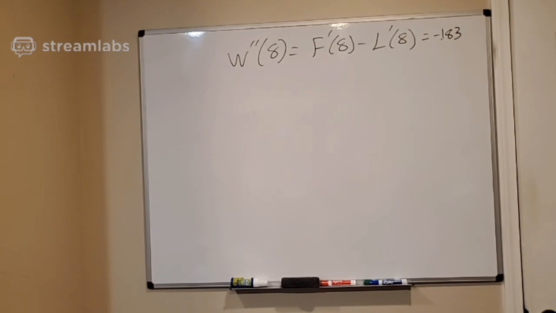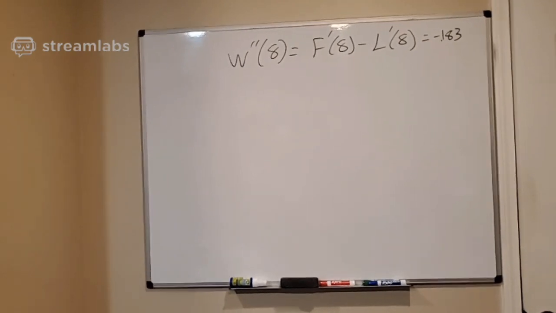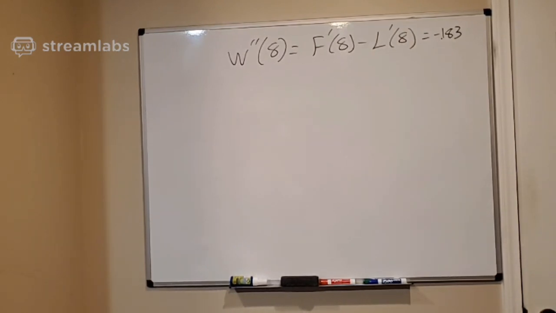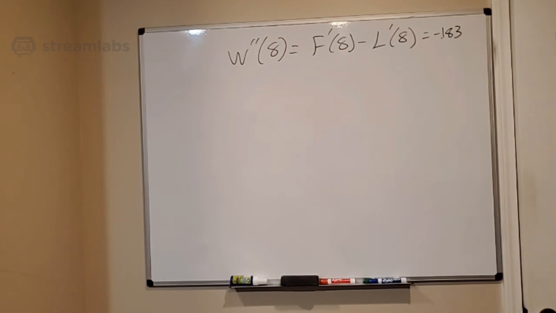So what is W prime? What does that represent? Or sorry, double prime. Well, yes, but that's not what it represents. That is what it is. The rate of the rate. Okay, so we got to be careful. So what is the W function? The amount. Volume. Is it the rate at which the volume is changing? No, that would be W prime.